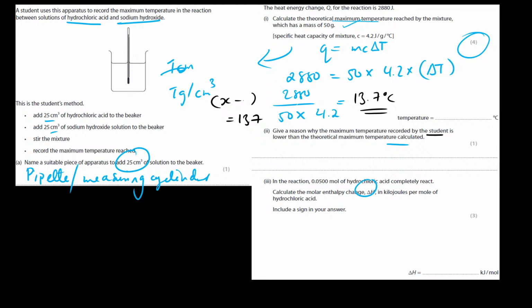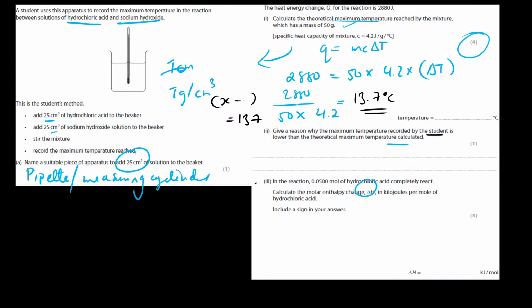Not quite. Yep, so the heat escaped to the environment, to the surroundings. At the end of the day, it's an exothermic reaction that occurs. That's why. And guys, could you finish off that question then?